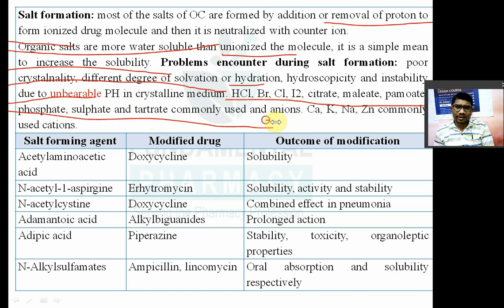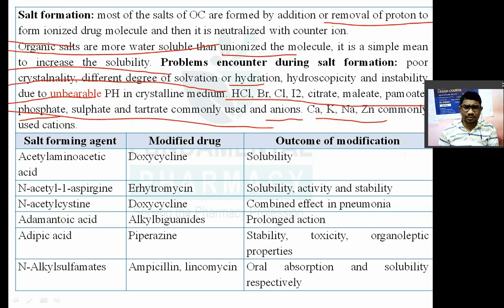You might have seen that if a drug is basic, its salt is made, like iron citrate, chloramphenicol palmitate, codeine phosphate, morphine sulfate. So the anions most commonly used for salt formation are hydrochloride, bromide, chloride, iodide, citrate, malate, palmitate, phosphate, sulfate, and tartrate. For cations, the most used are sodium, potassium, calcium, and zinc.